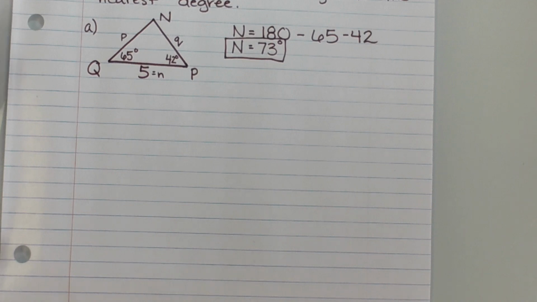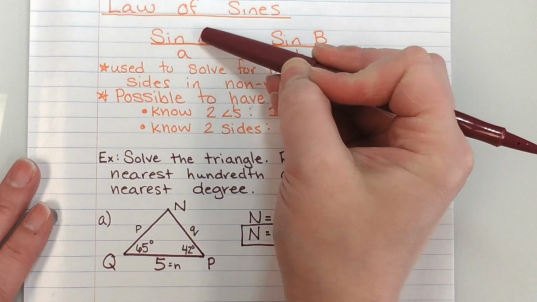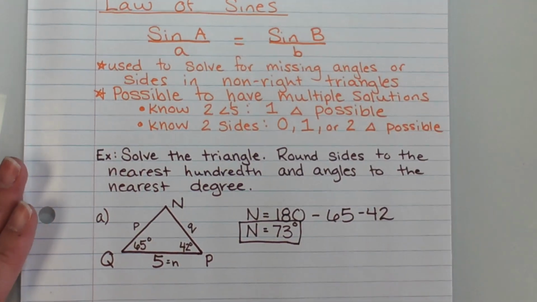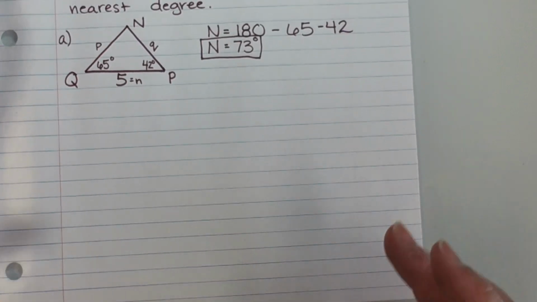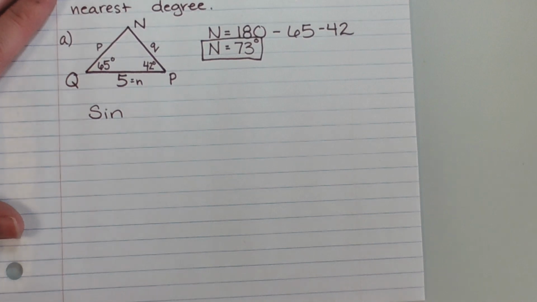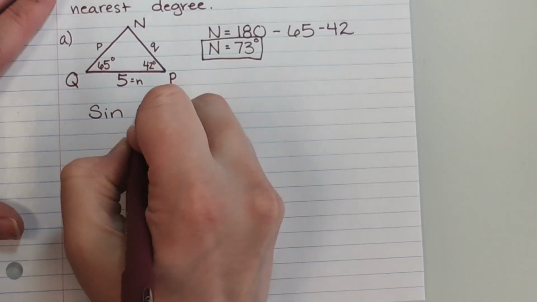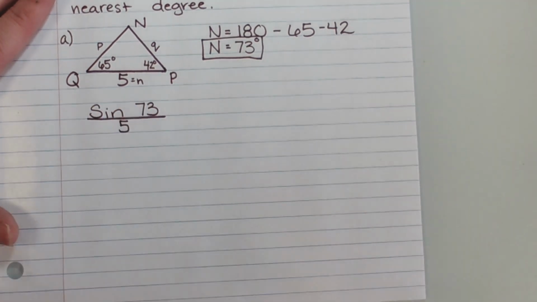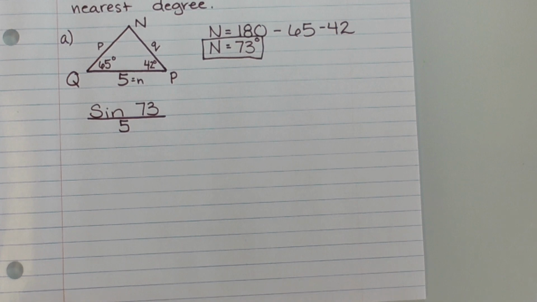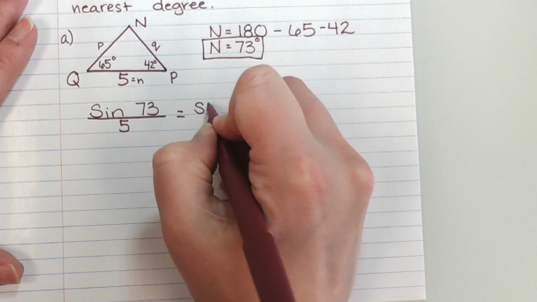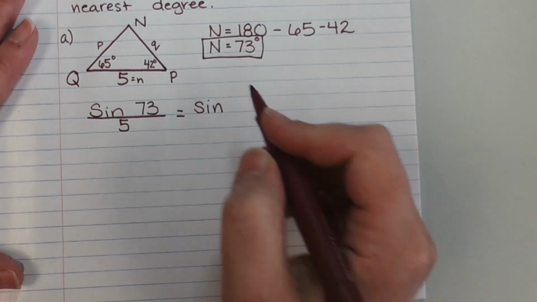The way the formula works is that those are across from one another, those are across from one another. So I always start off with sine of the angle I know that I also know the side across from it. I have a 73-degree angle over the side across from it, 5, equal to sine of an angle over the side across from it.